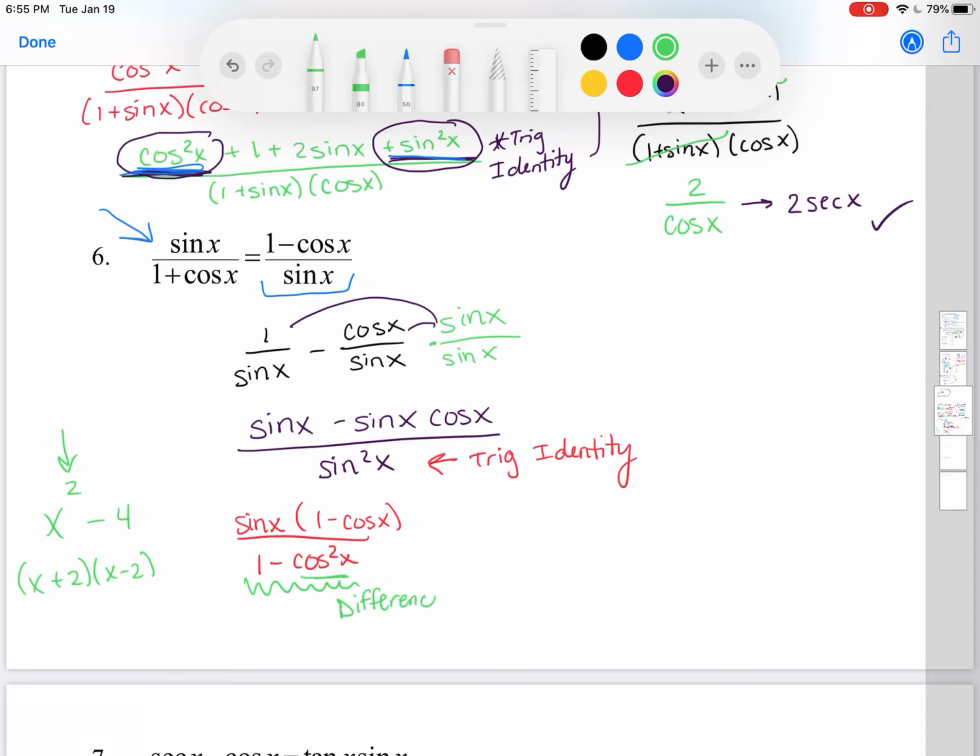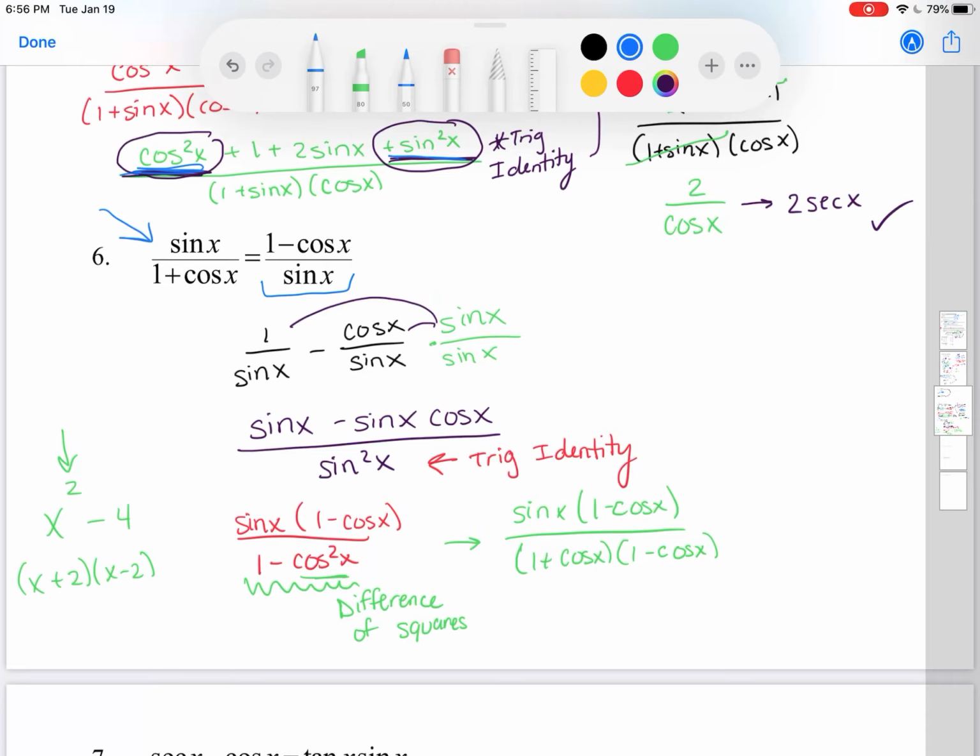So when I perform the difference of squares here, it's going to turn into the same numerator, and then the denominator is going to be a 1 plus cosine x version, followed by 1 minus cosine x.